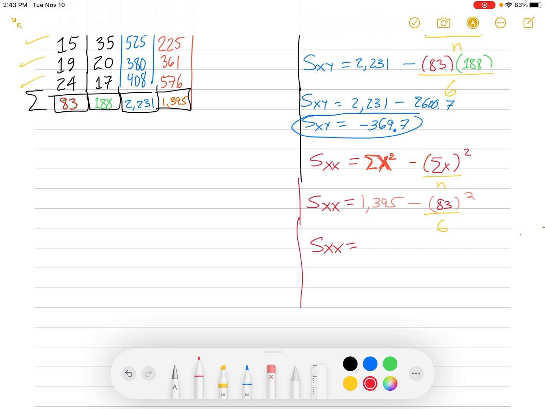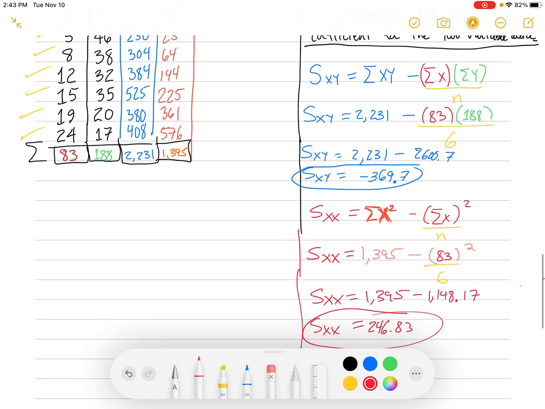So SXX is 1,395 minus 83 squared divided by 6, which is roughly 1,148.17. Subtracting, it's about 246.83.